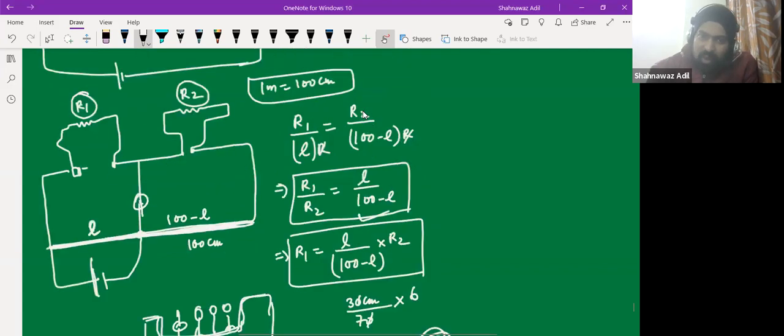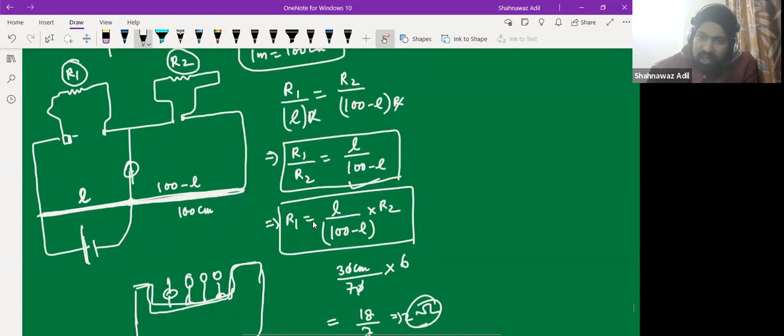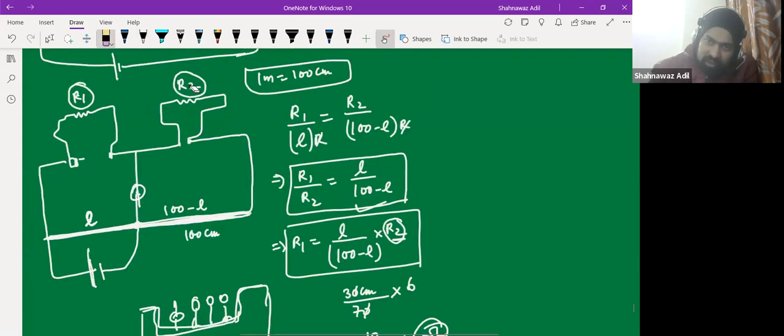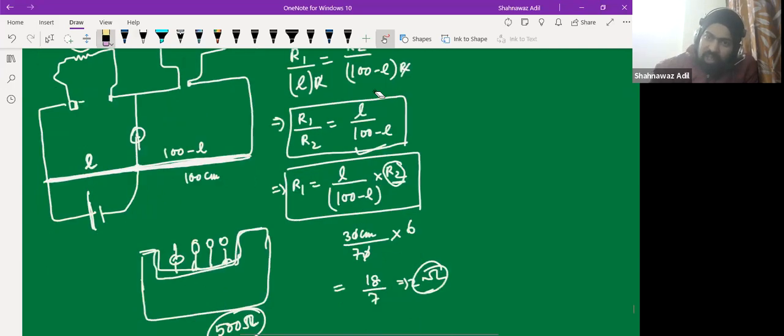And yeah, why are they writing? So the unknown resistance that they are writing, you have to calculate the unknown resistance. Like this would be 100 minus L. So this is the unknown resistance, right? Because they are putting the unknown resistance in here, this is X. So what would be X then?